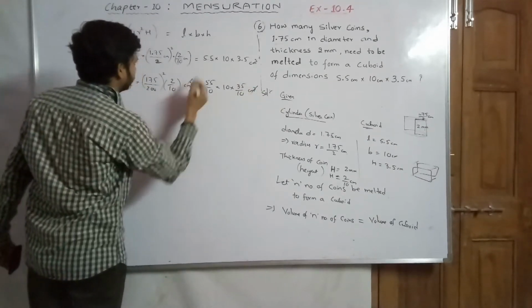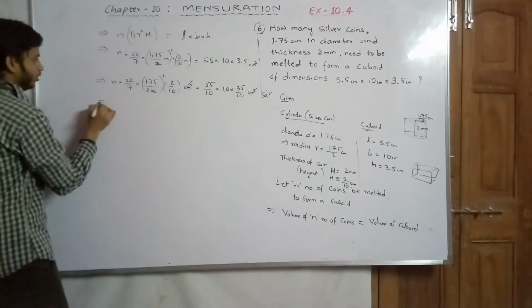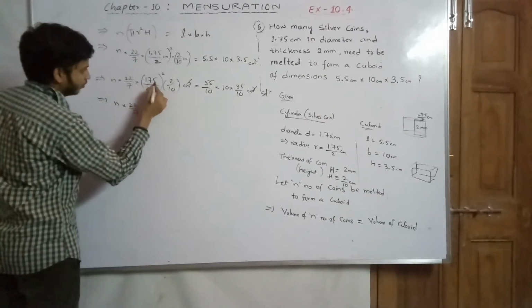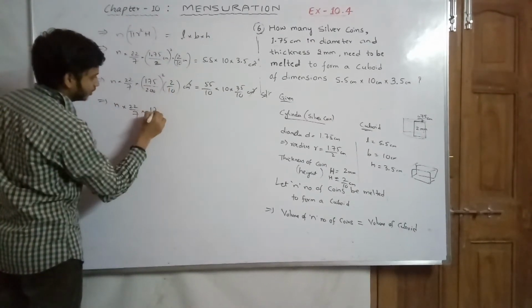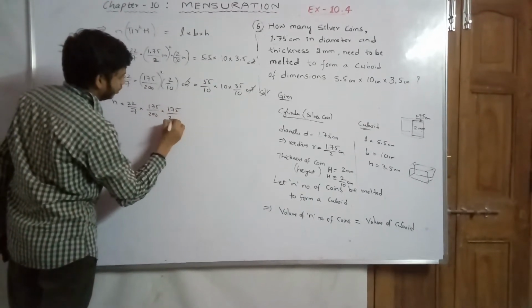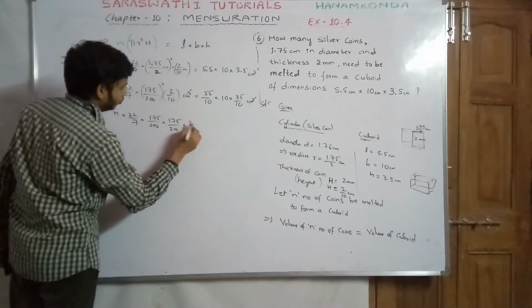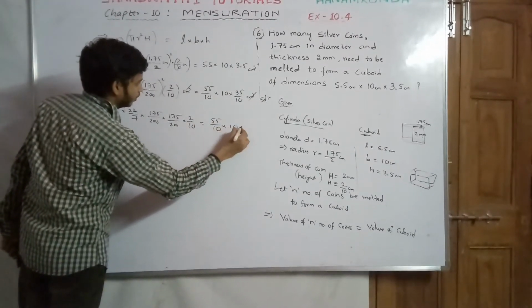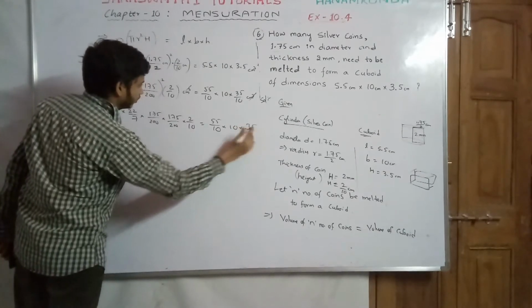The cubic centimeters cancel. So n into 22 by 7 into 175 by 200 into 175 by 200 into 2 by 10 equals 55 by 10 into 35 by 10.